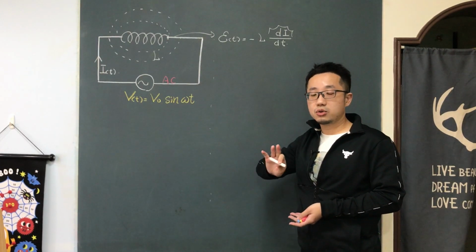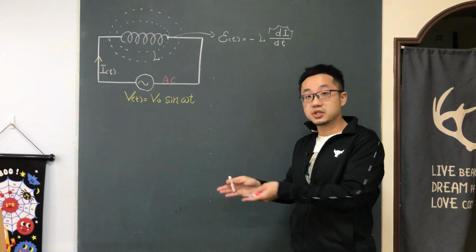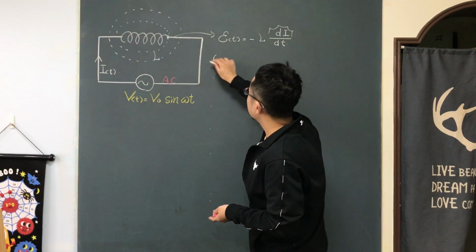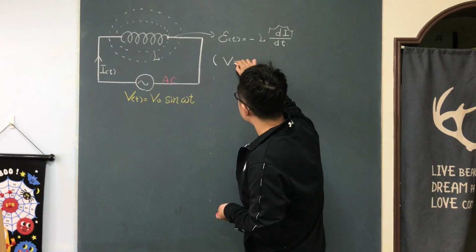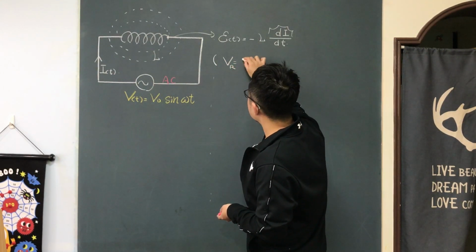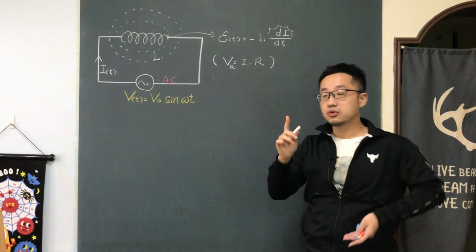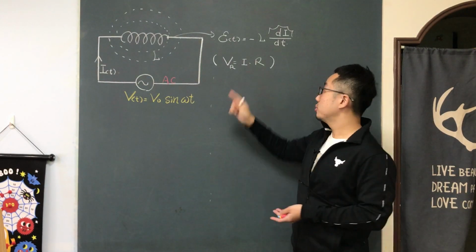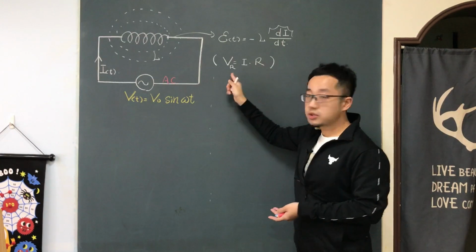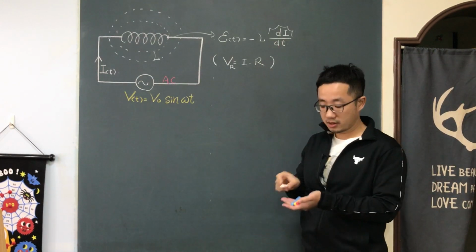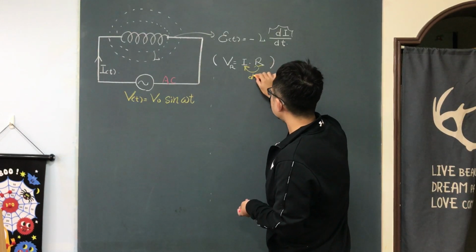The situation is different from the case of a resistor. If you replace the inductor simply by a resistor, the case is simple because V_R is equal to I times R. So for a resistor, the voltage is always proportional to the current, since the resistor will like to oppose the current directly.